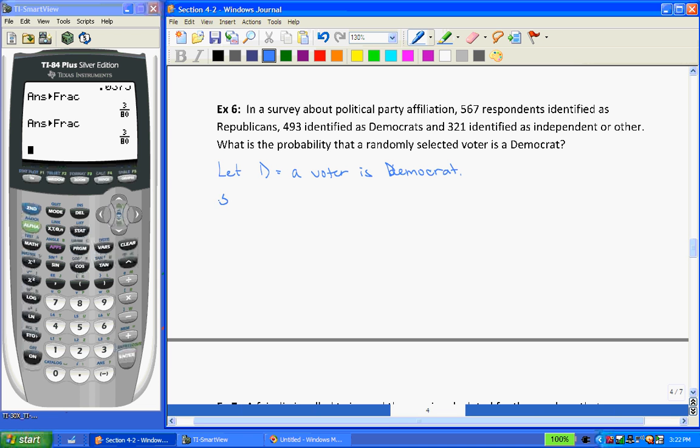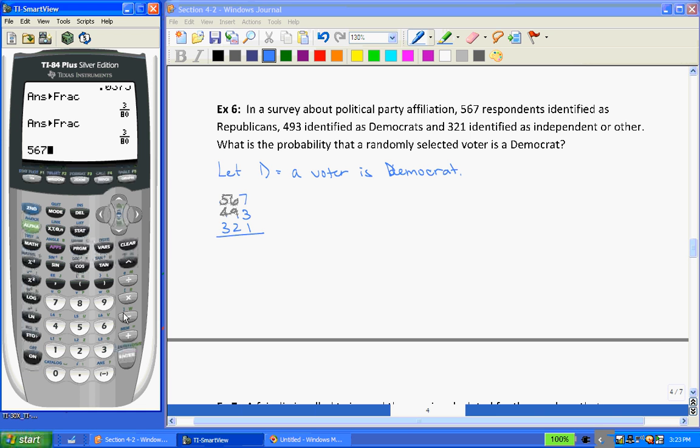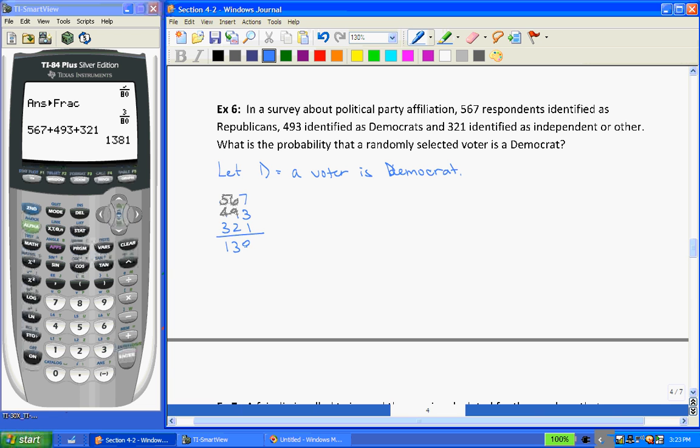The best thing we can do is to add up what we have, assuming no one is affiliated with more than one. So we have 567 plus 493 plus 321. So that's 1,381. So we can think of that as the total number of possible outcomes.